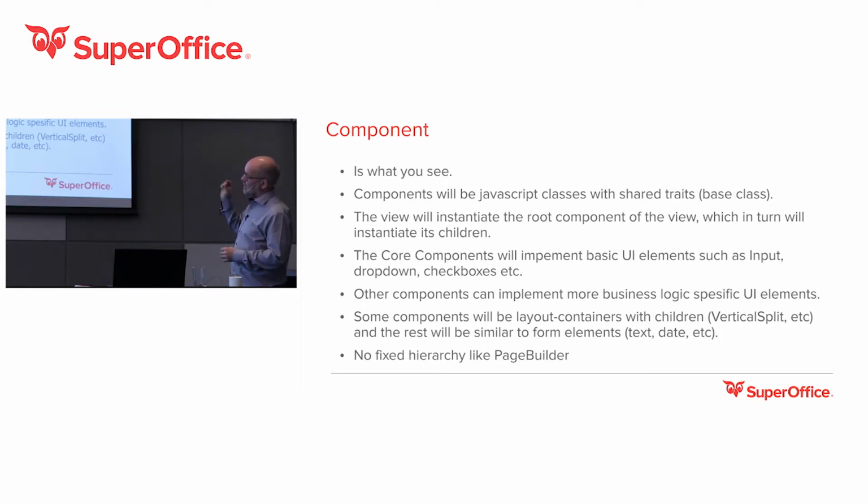So each implementation of a component is not necessarily very large, but you implement the render and the data binding and stuff like that. You can of course have more complex components, but we try to minimize the functionality of each component, so it's easier to put them together and make them work together.